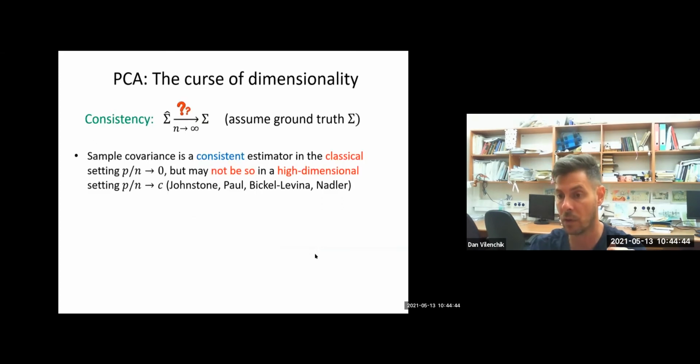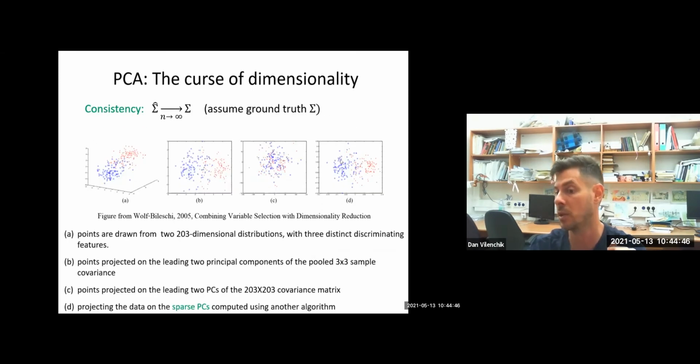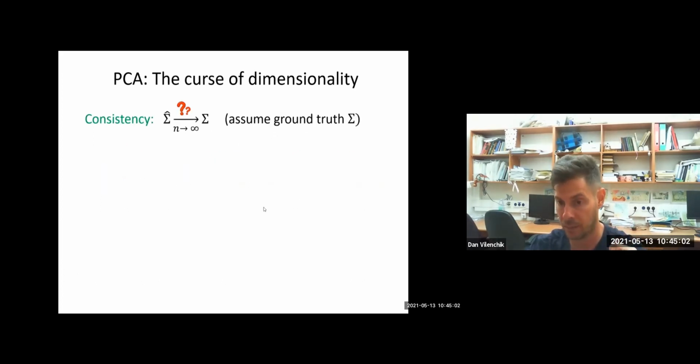And if you solve this problem, you will get this picture. If you project on the leading PC, the x-axis, you will see the blue and the red separated. And if you don't use regularization and you project on this axis, you will see them blended together.